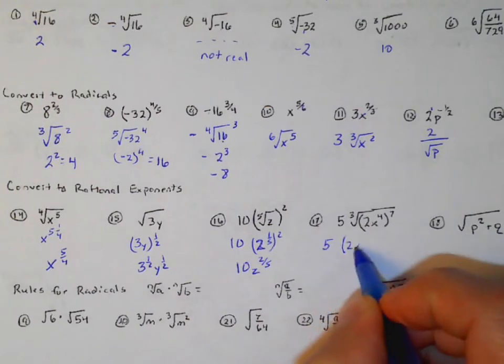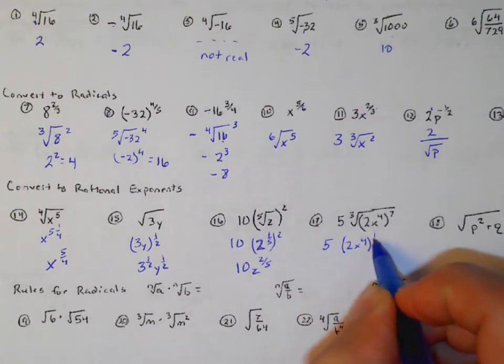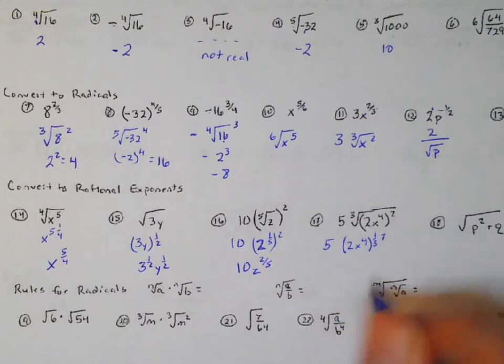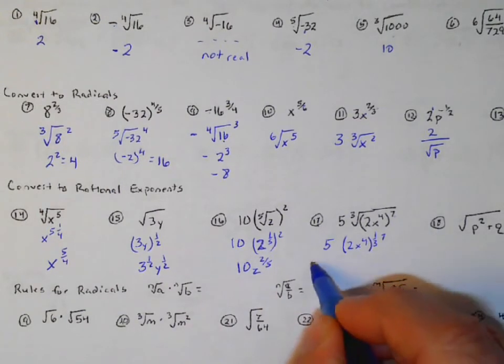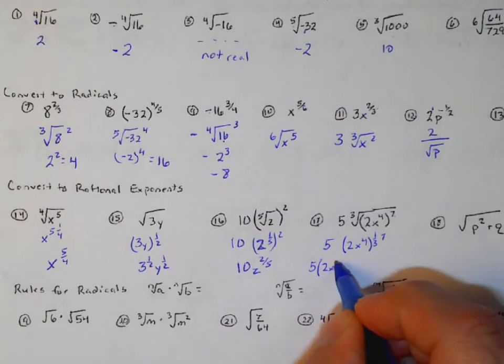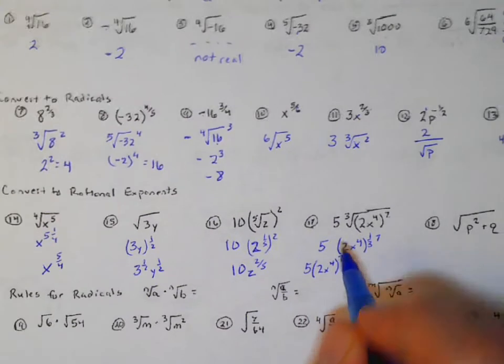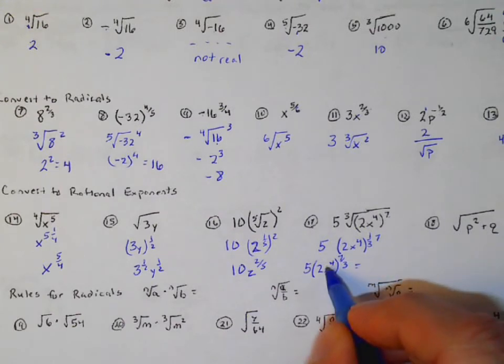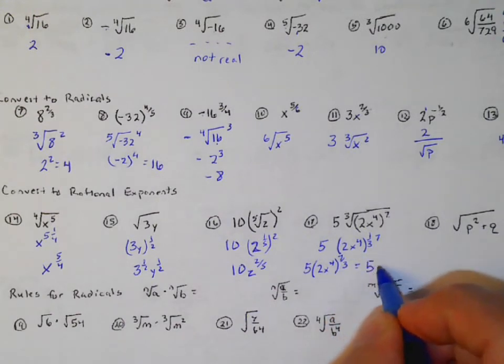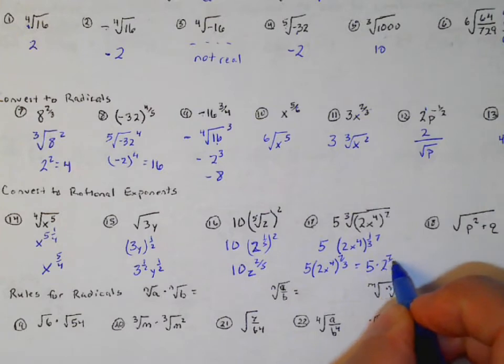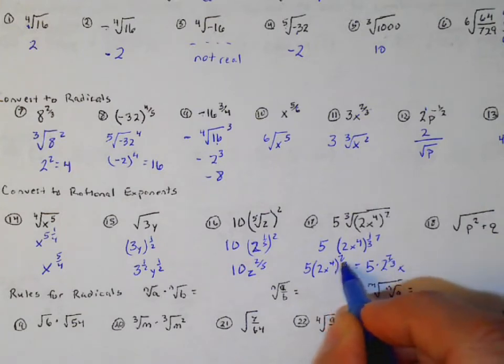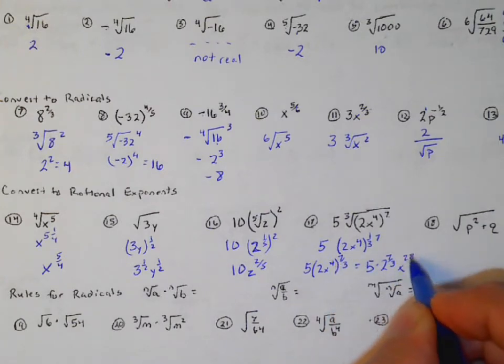We have 2x to the 4th to the 1/3 and to the 7th power, which makes that 5 times 2x to the 4th to the 7/3. And then I can take this and distribute it through. This would be 5 times 2 to the 7/3. And we have to multiply these, so that's x to the 28/3.